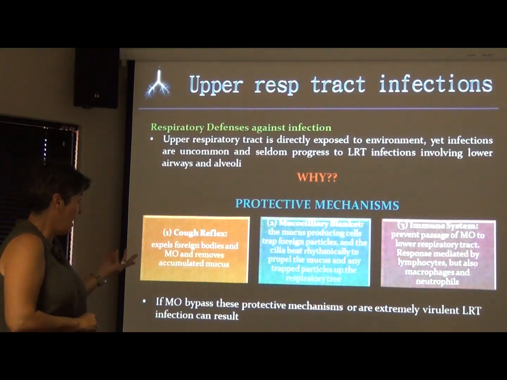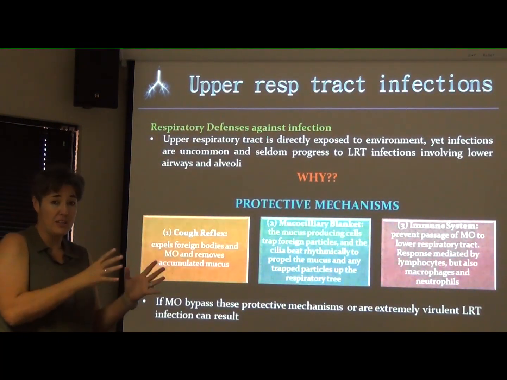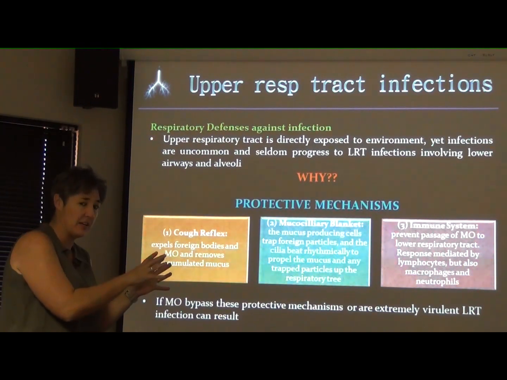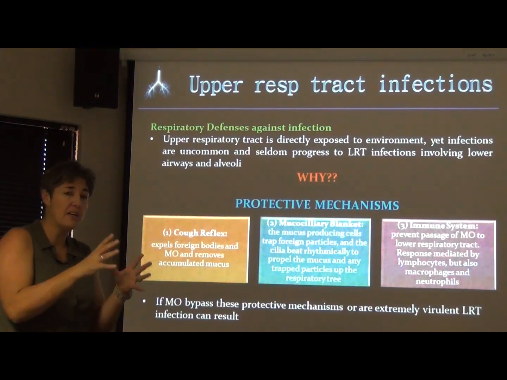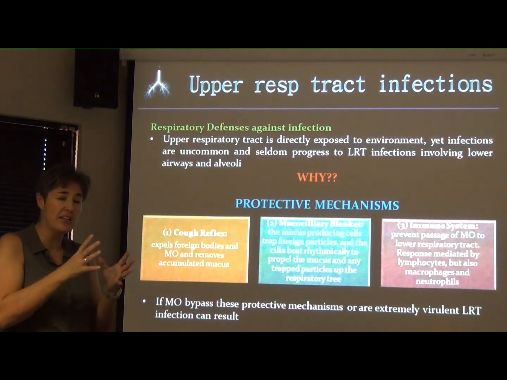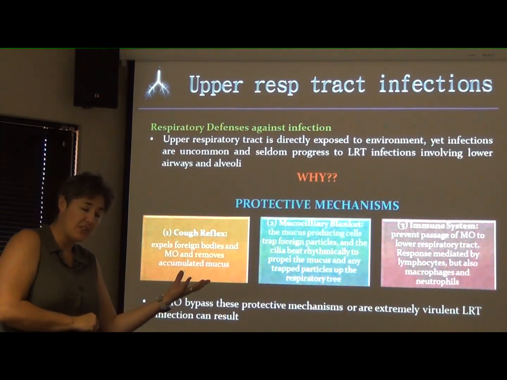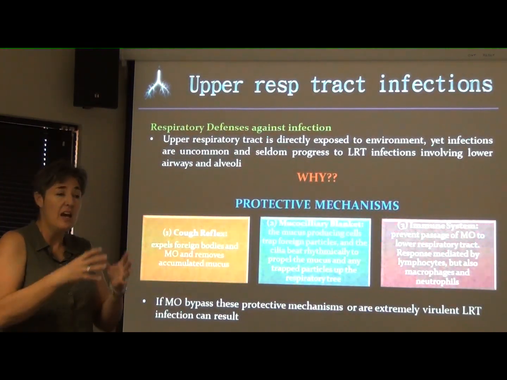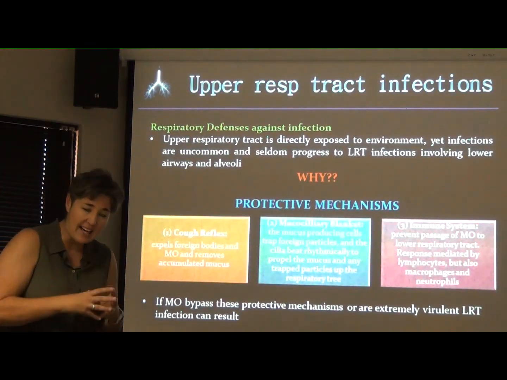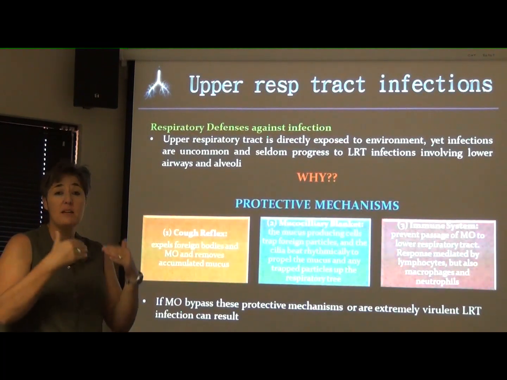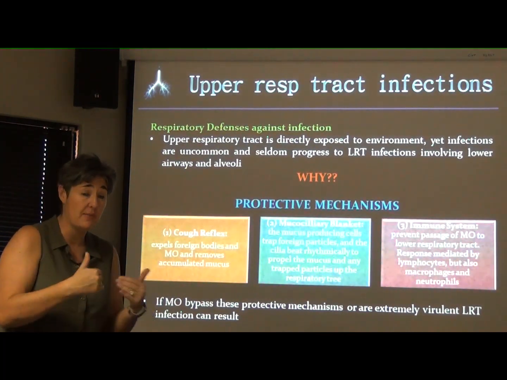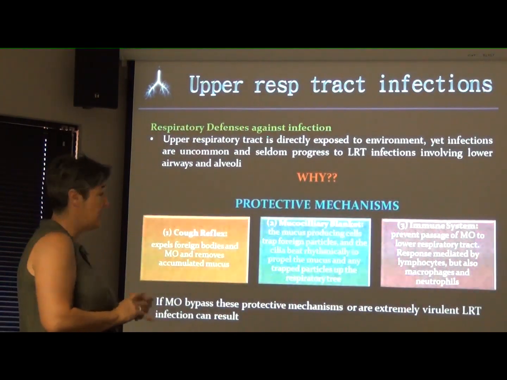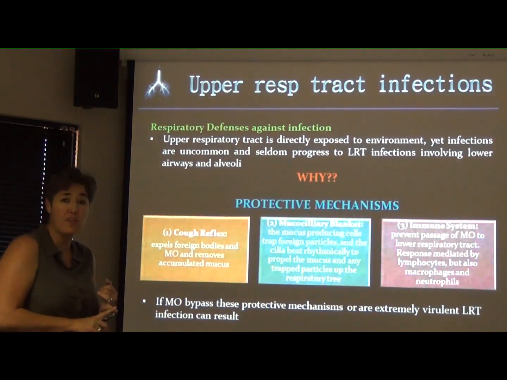In order for us to get a respiratory infection, a microorganism needs to gain access either to our upper respiratory tract or to our lower respiratory tract. If the microorganism gains access, then it has the ability to cause disease. But now our protective mechanisms kick in. The first thing is our cough reflex.